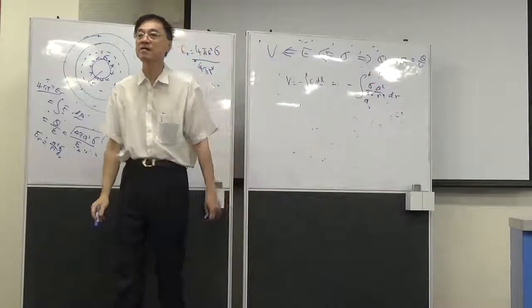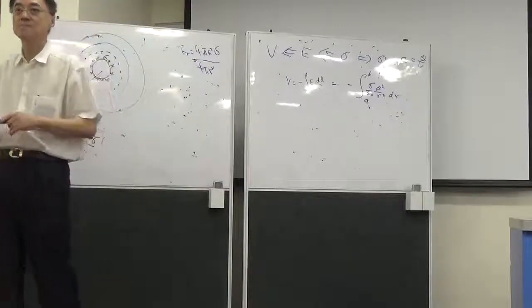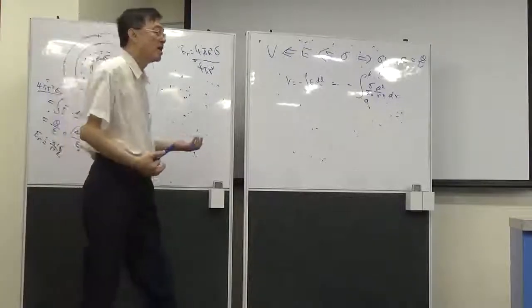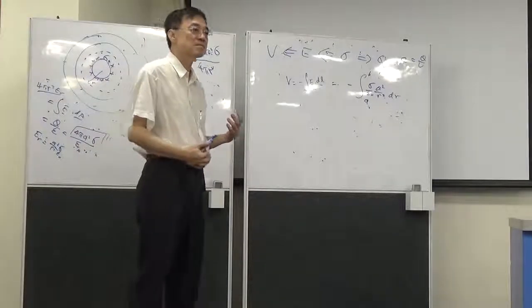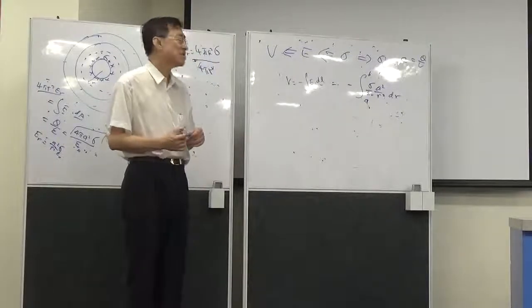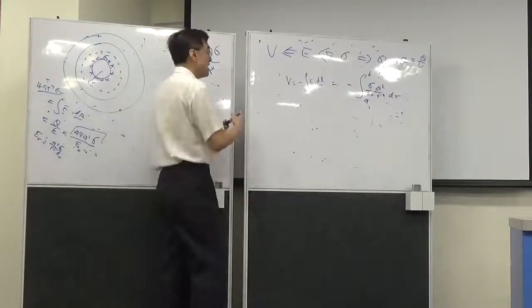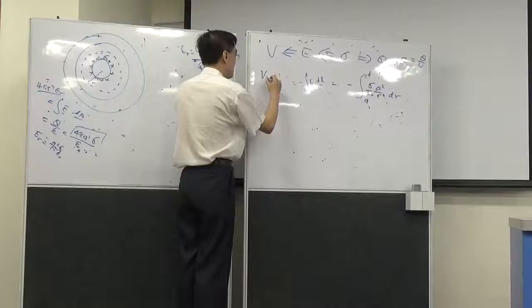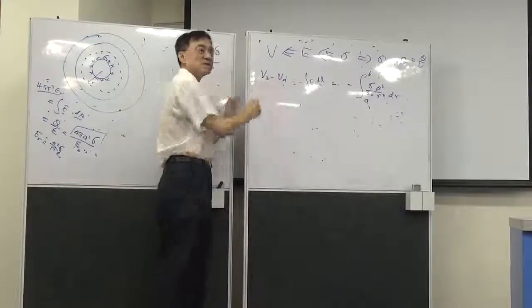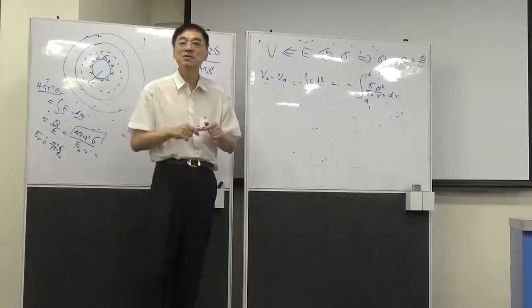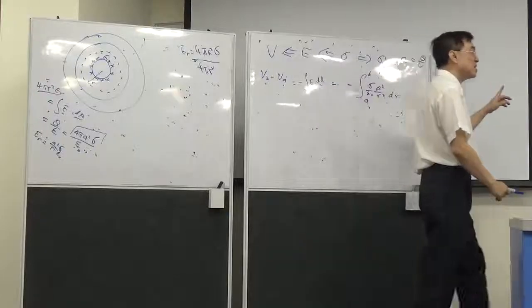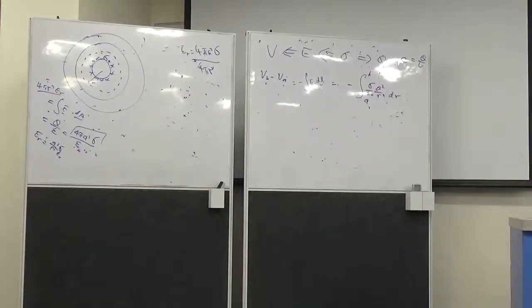A to b or b to a? From A to B, that means I assume that this is equal to VB minus VA, because I integrate from A to B. Remember, that means I'm assuming that the potential at B is higher than A. But if it turns out negative, it's okay.